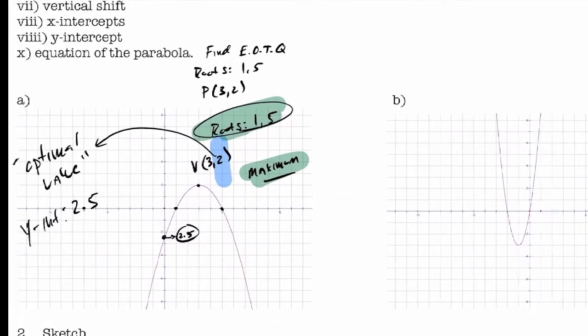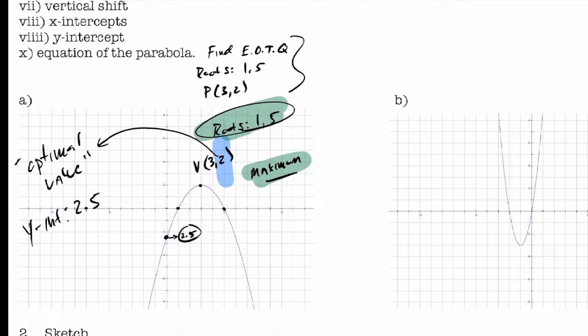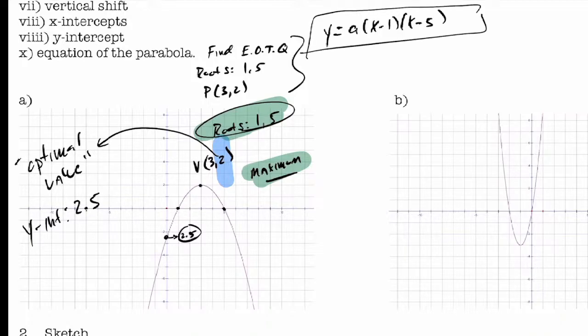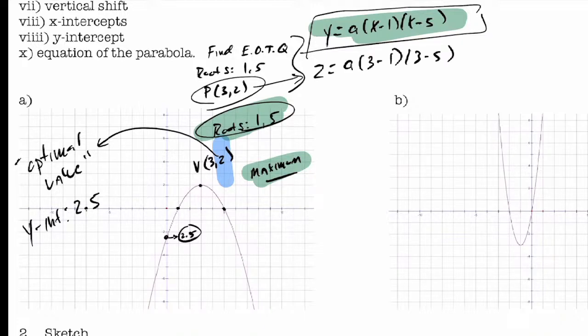So if I wanted to find the equation of the quadratic that has these characteristics, I know in factored form I'd have a root at 1 and a root at 5. So using factored form, I know it looks like this. And furthermore, I know the quadratic passes through the point (3, 2), so I can sub that in. I get rid of the y and change it to a 2, get rid of the x and change it to a 3, and I can solve for a.